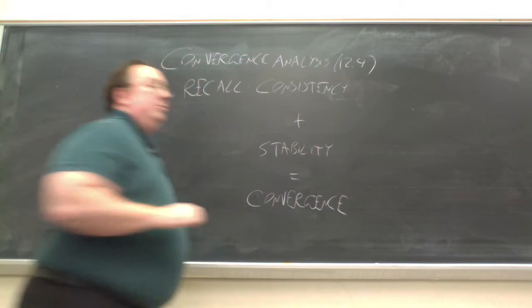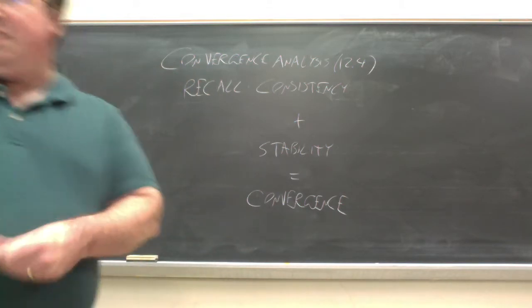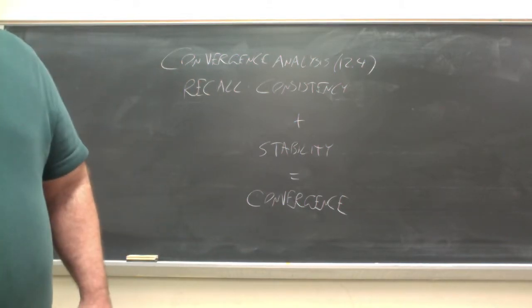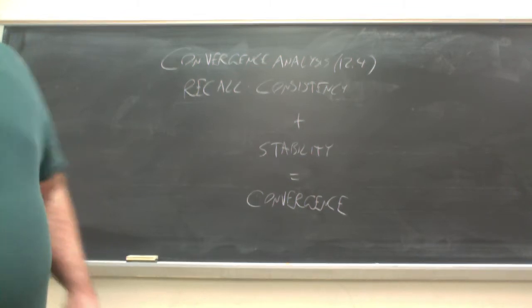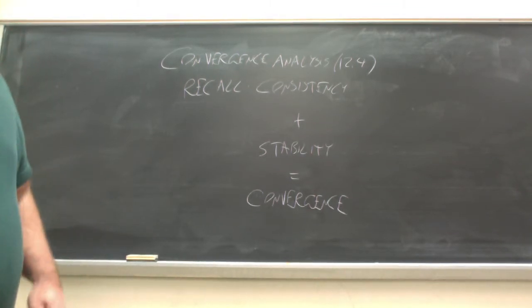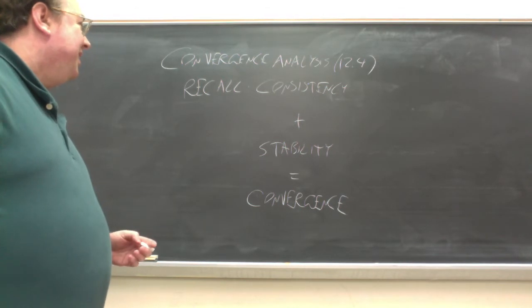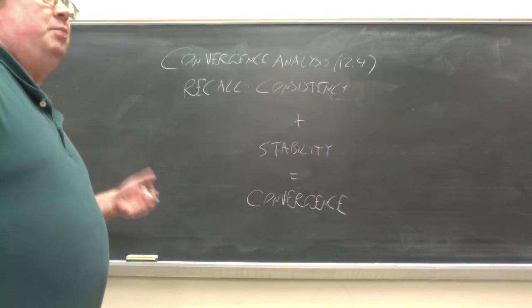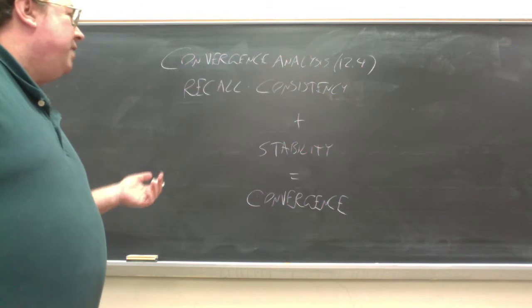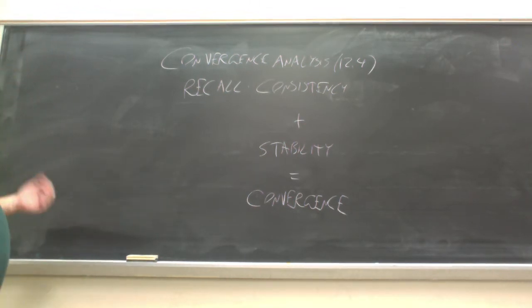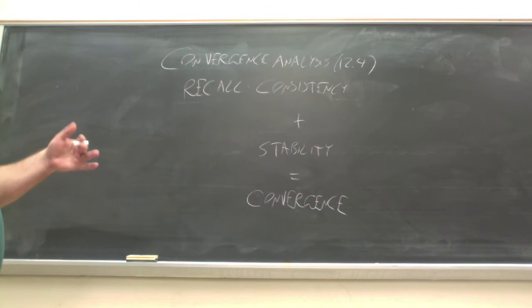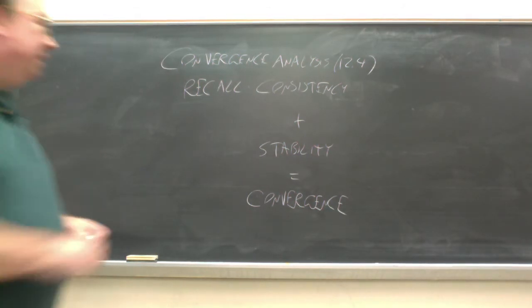Now, last time I covered these concepts for one-step methods, and so today I'll do the same for multi-step methods, because the way you verify whether a method is consistent or stable is completely different for one-step as opposed to multi-step.